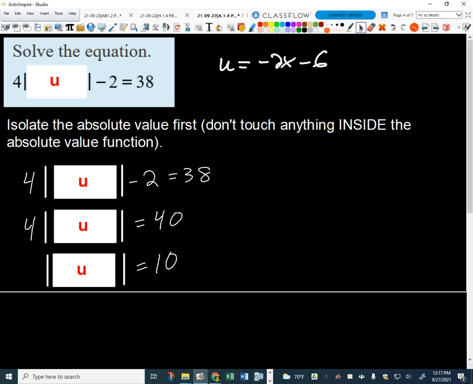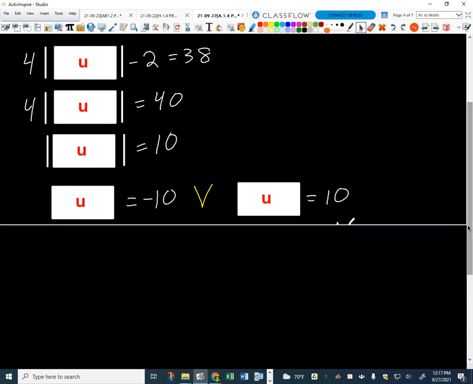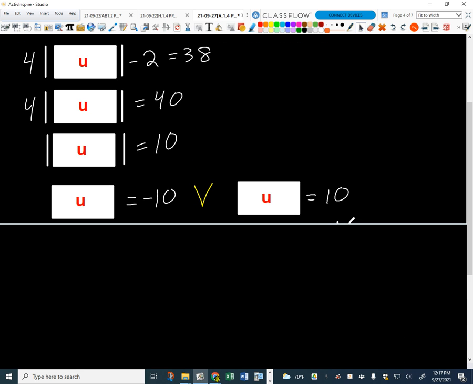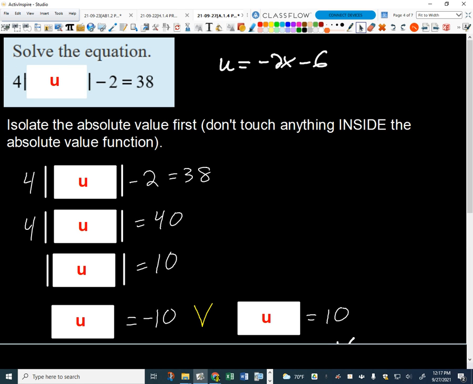Okay, so now we just follow our pattern. Whatever's inside the absolute values is either going to be equal to negative 10 or it's going to be equal to positive 10, right? Everybody agree? Except this time it wasn't just a U, was it? What's inside was actually a negative 2x minus 6, right?